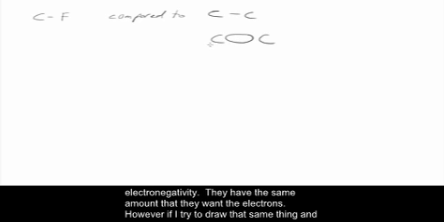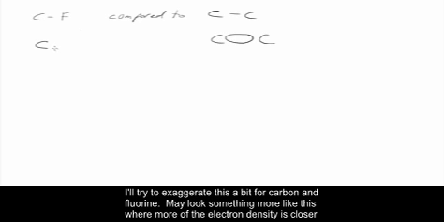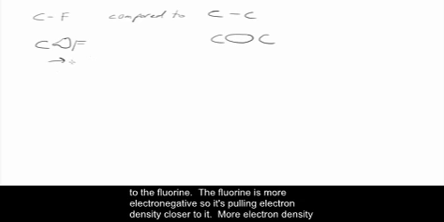They have the same amount that they want the electrons. However, if I try to draw that same thing, and I'll try to exaggerate this a bit for carbon and fluorine, it may look something more like this, where more of the electron density is closer to the fluorine. The fluorine's more electronegative, so it's pulling electron density closer to it.